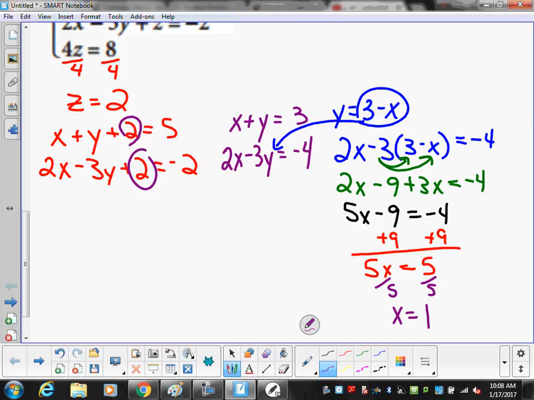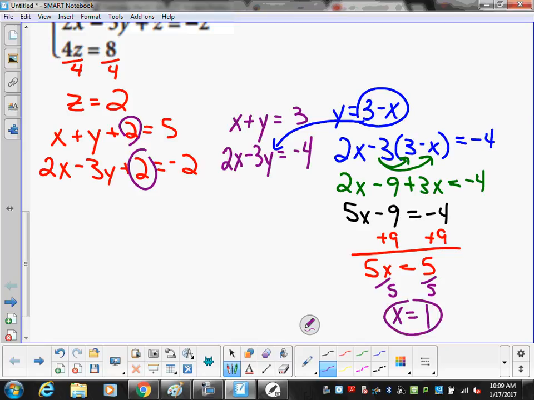Alright, so what's my solution? What's my solution to this system? Yeah, all I've found at this point is x. I still got to find y. Can you plug it back into the x plus y plus z equals 5? No reason to. I know what x is.